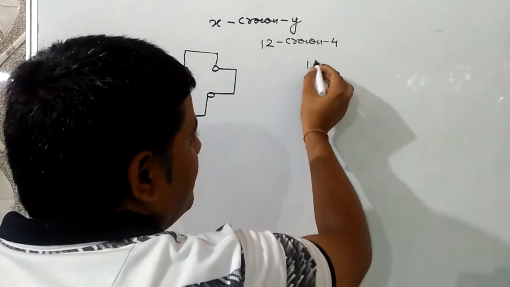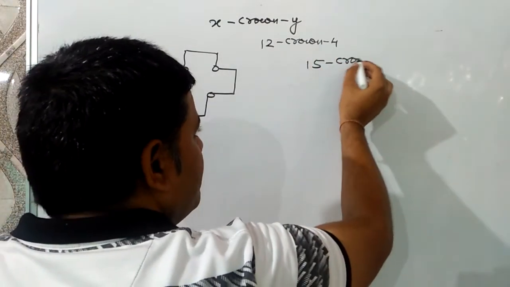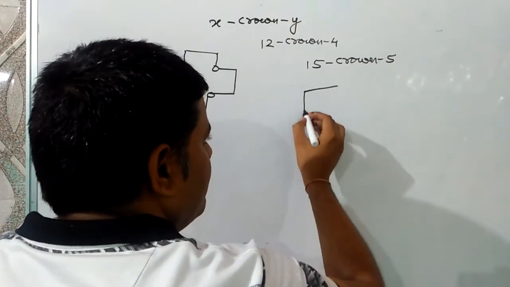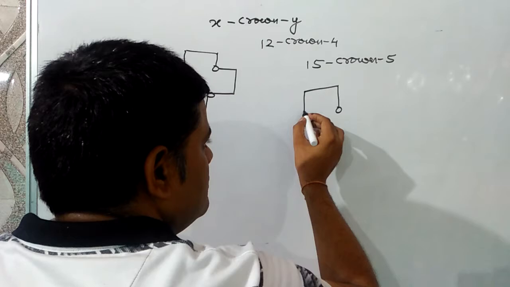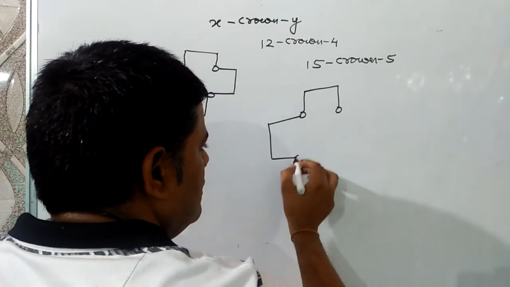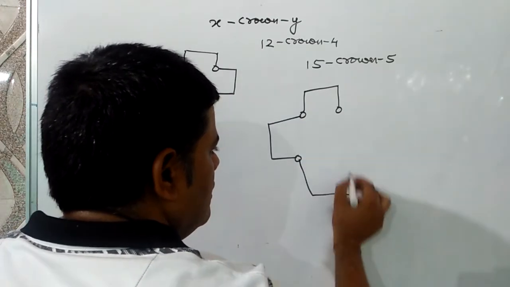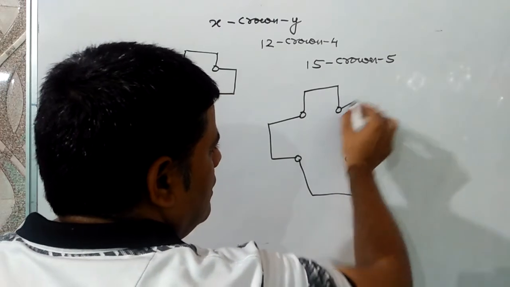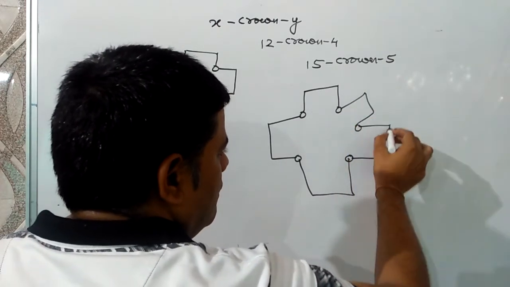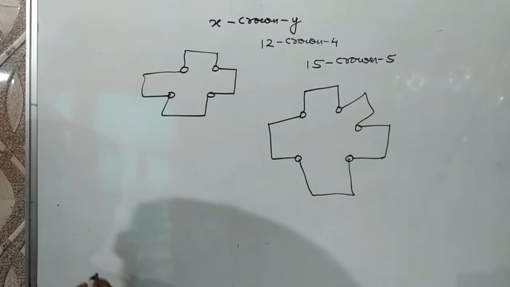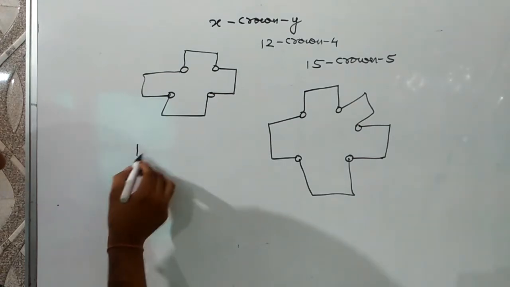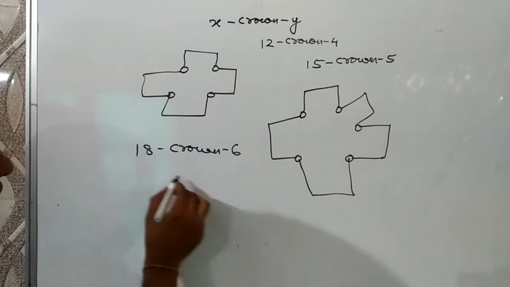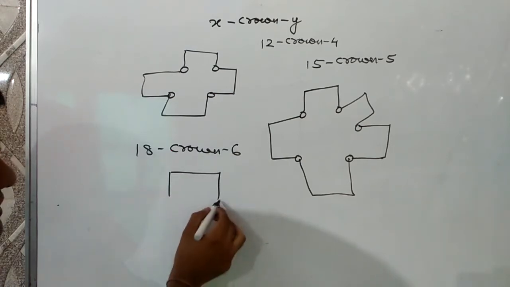Next will be 15 crown 5, and the last case will be 18 crown 6.